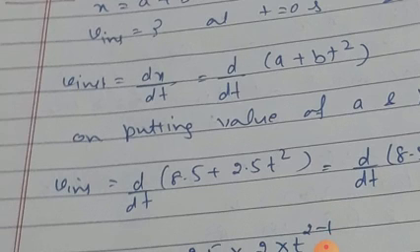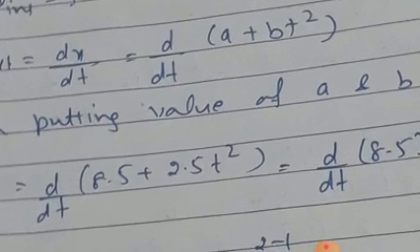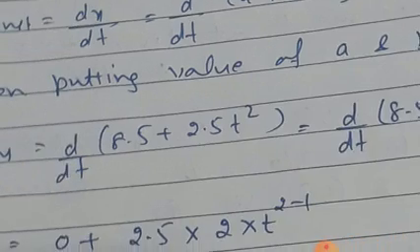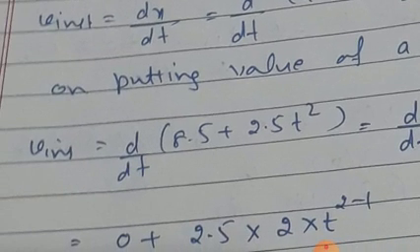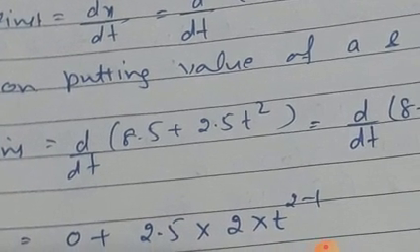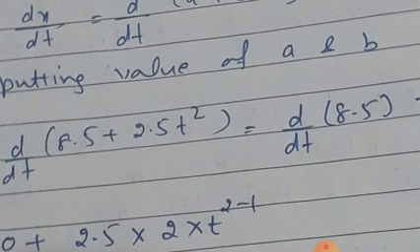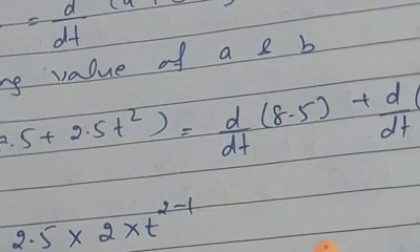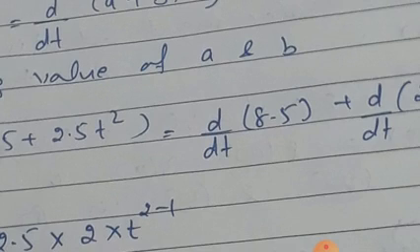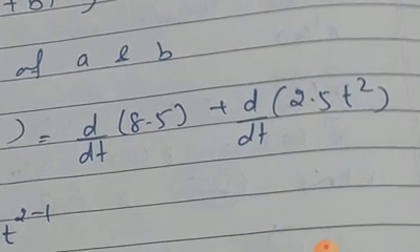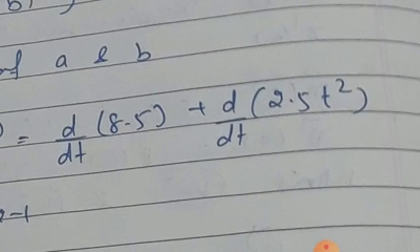V instantaneous is equal to d/dt of (8.5 + 2.5 t²). Now we solve it, and for solving we'll separate both the terms. We'll write it as d/dt of 8.5 plus d/dt of 2.5 t².